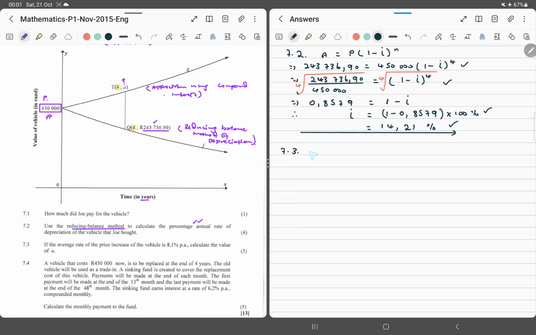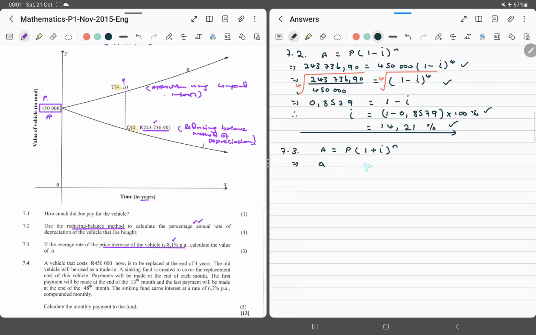Anyway, 7.3. We are told here the average rate of price increase is 8.1% per annum. Calculate the A value. So that's easy. Again, we know that A is equal to P into 1 plus i. This time, that was an appreciation. That's the formula we need.